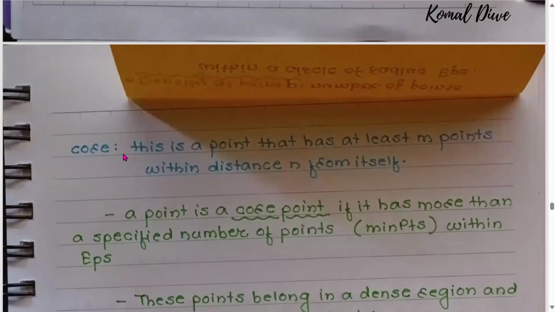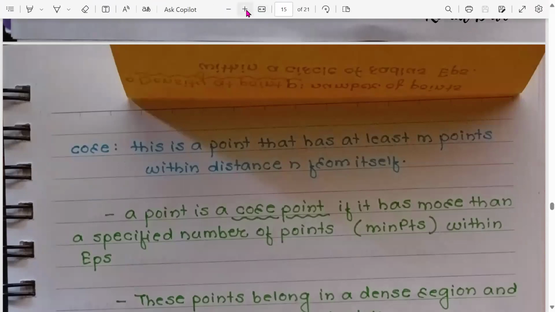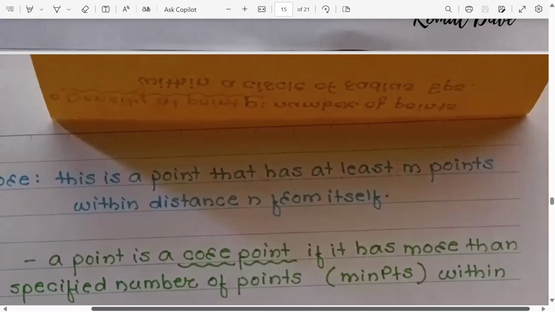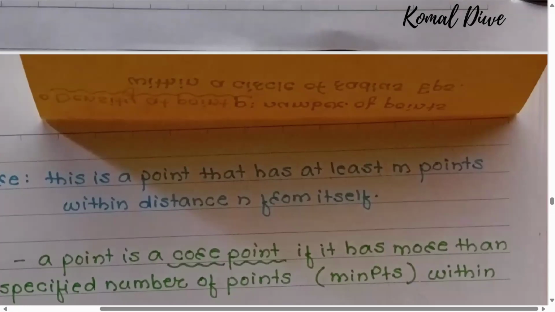Core point: this is a point that has at least m points within distance epsilon from itself.